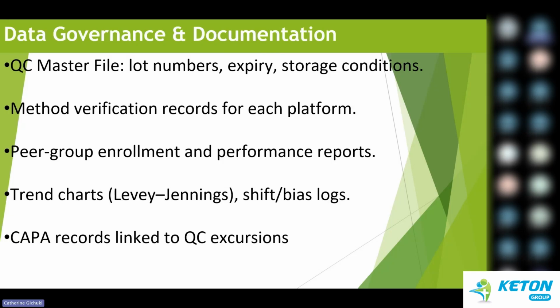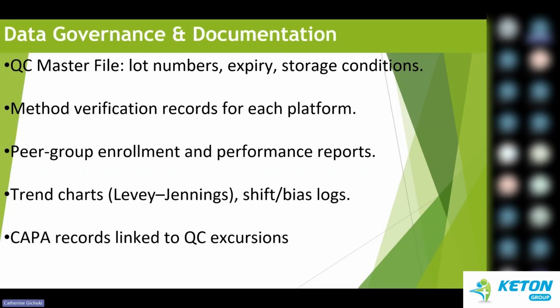And these are not monitored at the end of the month. An LJ is monitored on a daily basis. Reviews of QC should be on a daily basis, so you can catch any shifts and trends as early as possible. And where there are non-conformities or an excursion, you have to keep records of corrective actions and preventive actions.